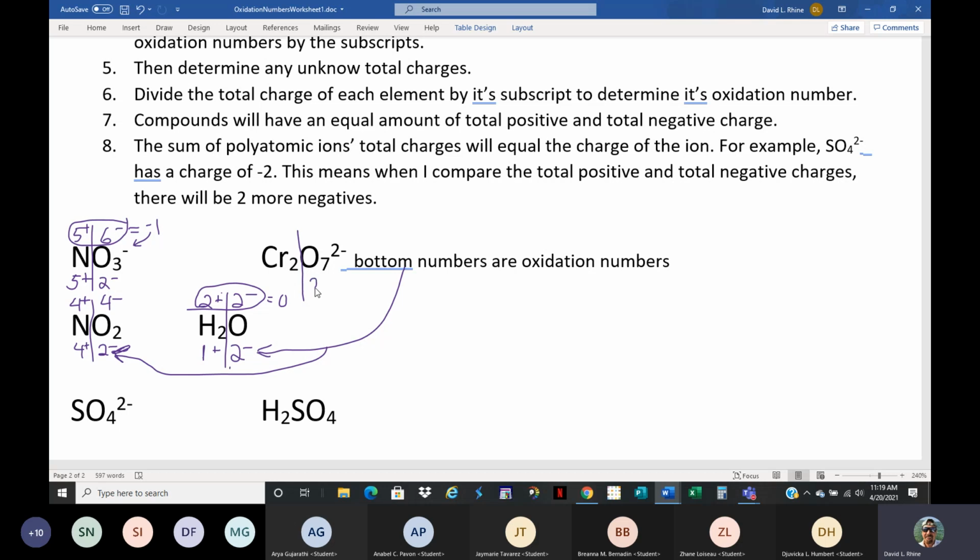We know that oxygen is 2 minus. 2 times 7 is 14. This 2 minus means this is going to be 2 less than 14, which is 12. It's divided by 2, which tells me each chromium ion has a charge of 6 plus.